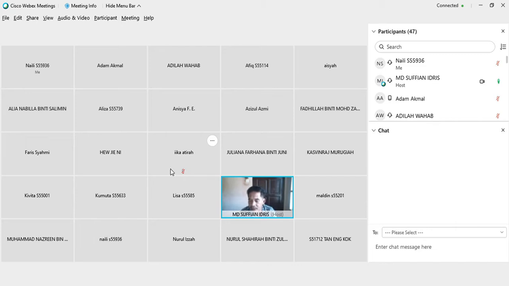So we want to derive chlorophyll from satellite observation. Yang paling penting sekali yang kita tanya adalah how accurate of this product. Berapa accuracy dia.